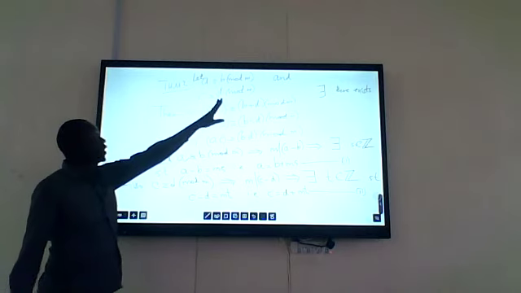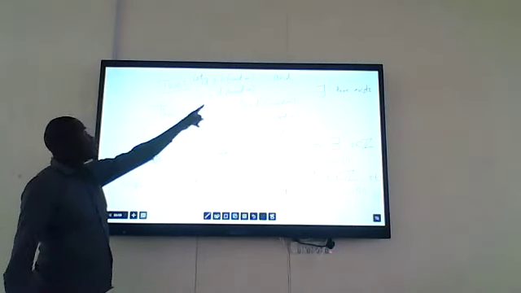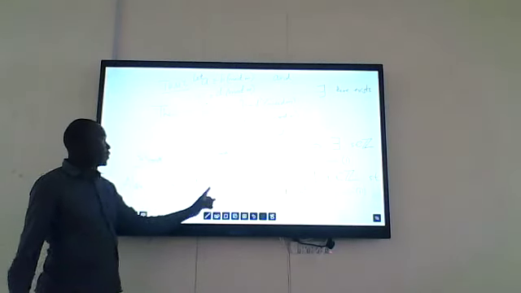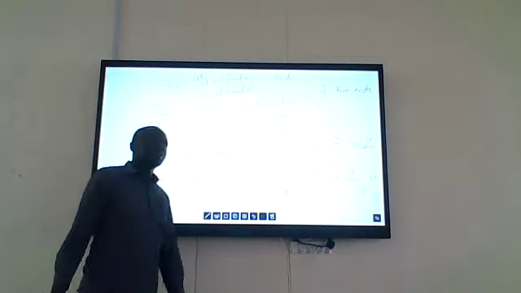A congruent to B mod M means this, which implies this. C congruent to D mod M means this, which implies this.